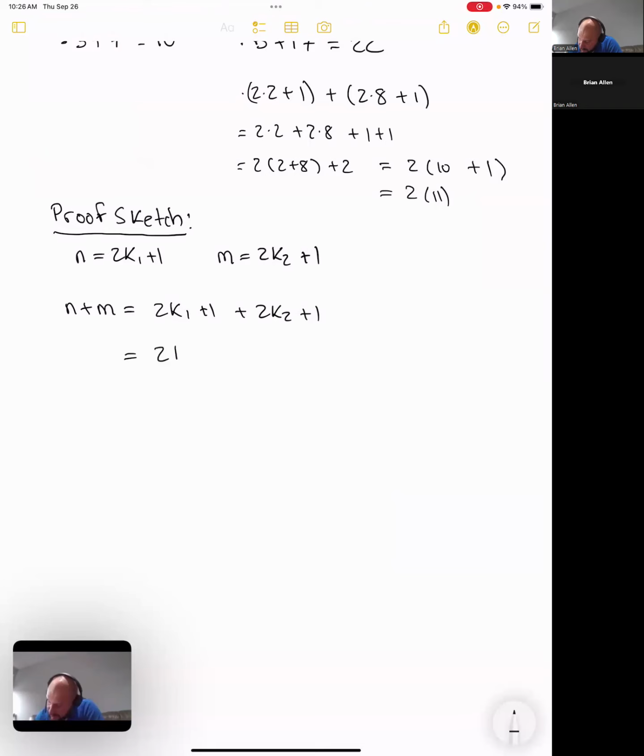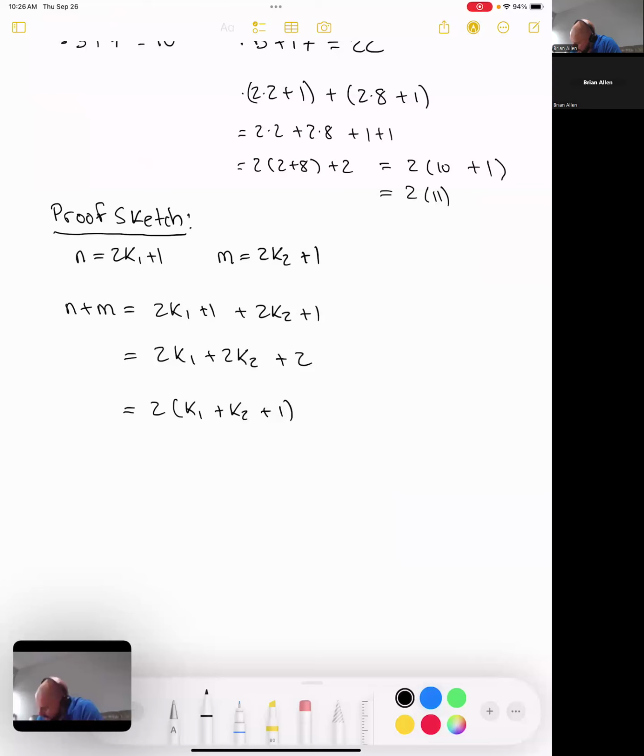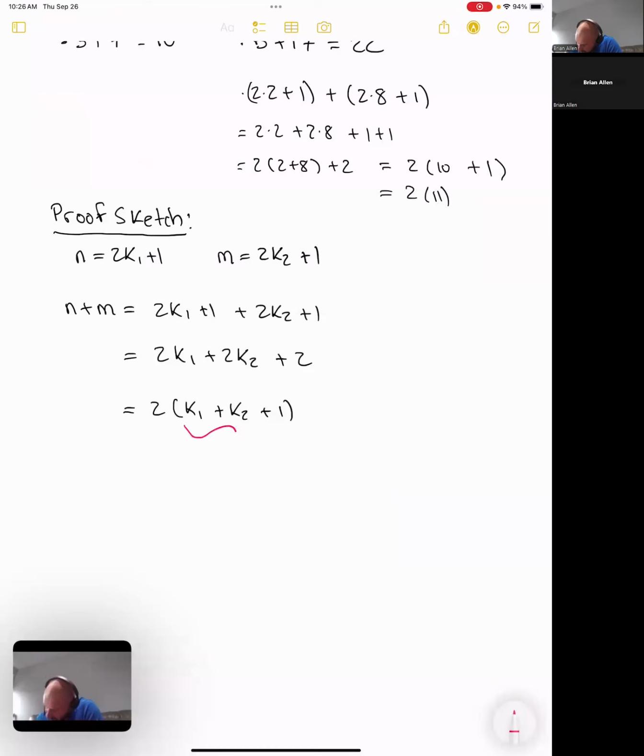This is like 2k1 plus 2k2 plus 1, which is the same, sorry, plus 2. So let me fix that. And now if I pull out the 2, I get k1 plus k2 plus 1. And the point here is that this guy is an integer. So I can write it as 2 times an integer.